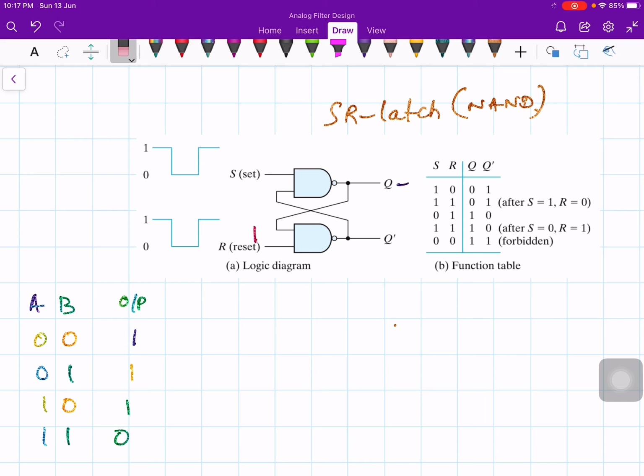Okay. Now here look at the function table. This is 1 0, right? S equal to 1 and R equal to 0. When S equal to 1 and R equal to 0, how do you start the analysis? Start from the 0 point. When the input is 0, if any one input is 0, then output is 1. Am I correct?